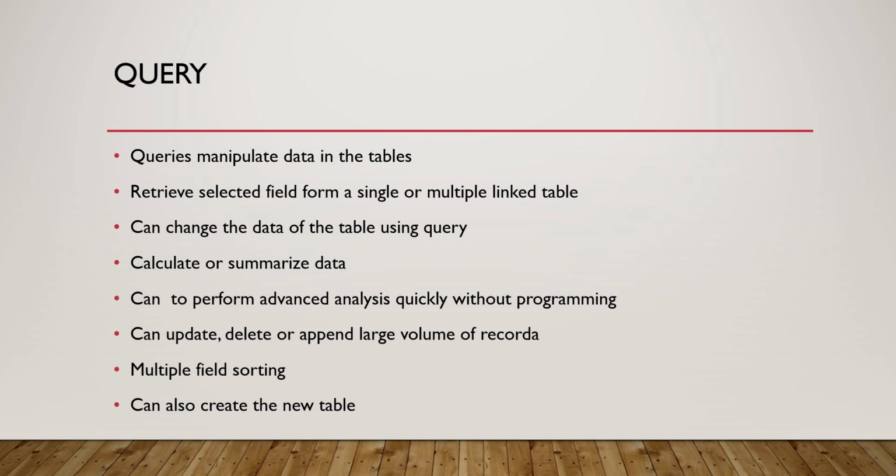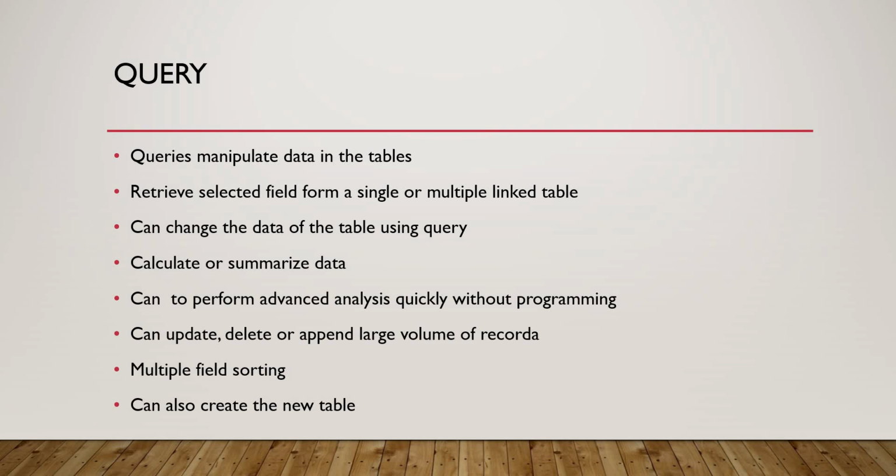Now next is query, which is also a very important object of MS Access, and it is used to manipulate the data in the table. So if a table consists of lots and lots of fields, and you want to display only name and phone number, you can do it by using query.